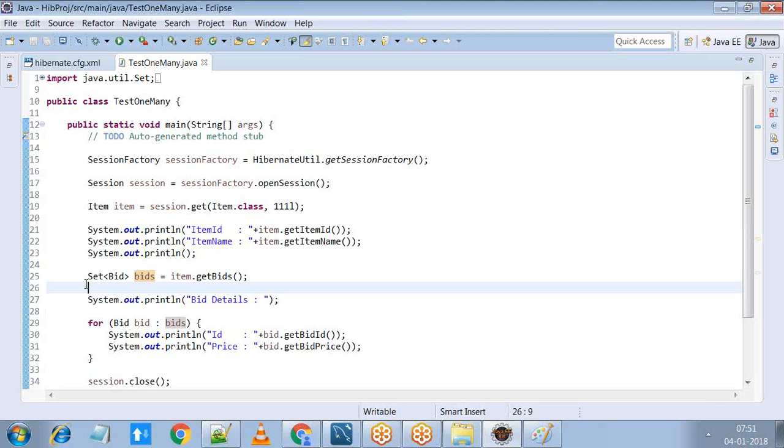Waste of memory, waste of resources. So Hibernate follows a lazy fetching strategy for one-to-many and many-to-many. In case of many-to-one and one-to-one, it follows an eager fetching strategy for associated objects, because only one other object is associated. It won't be a big deal.